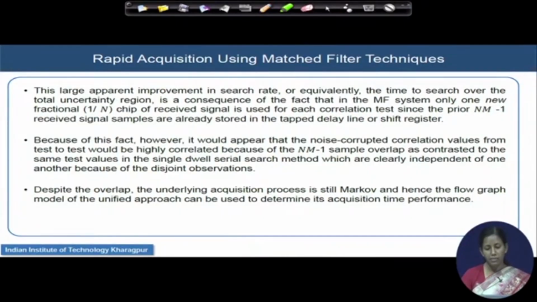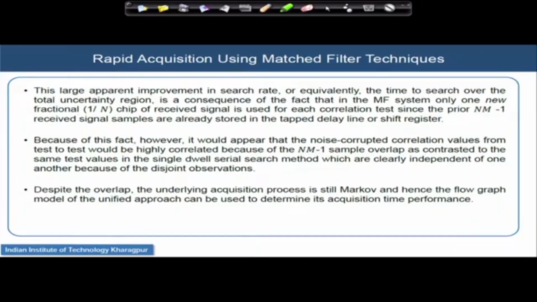So it may seem to anybody that we are searching at a rate of 1 by capital N chip intervals. At every moment, whenever a new bit is entering the shift register, it is not shifting all the remaining bits; there was something already stored in the shift register. Every time you are entering only one single new bit.